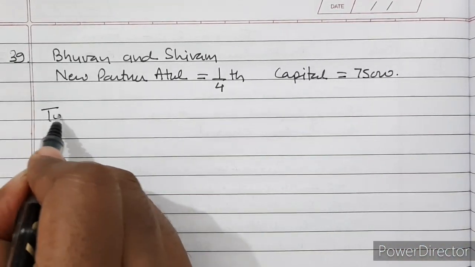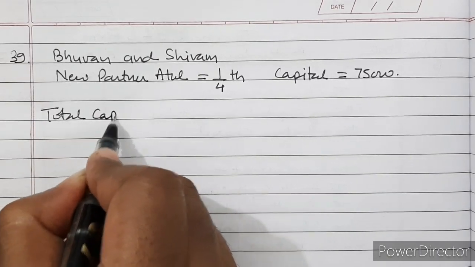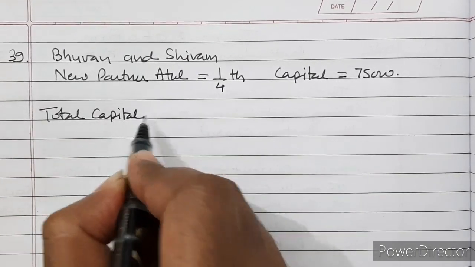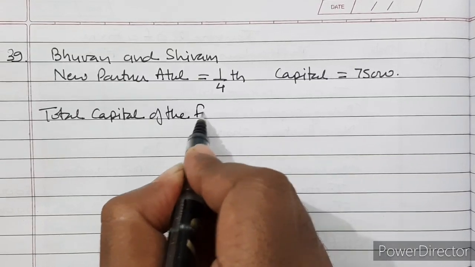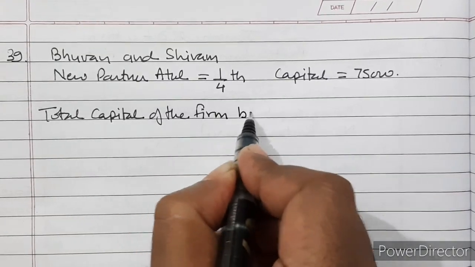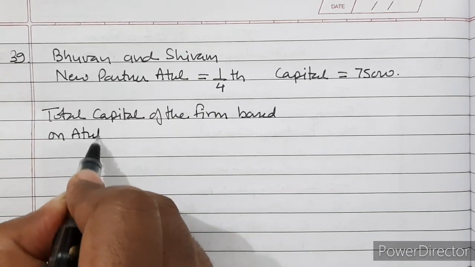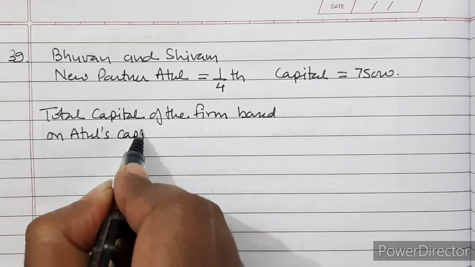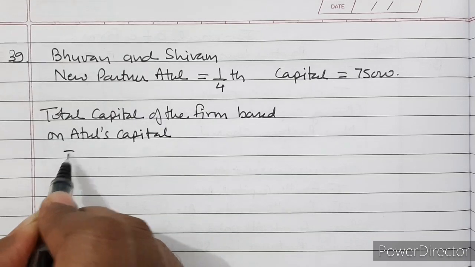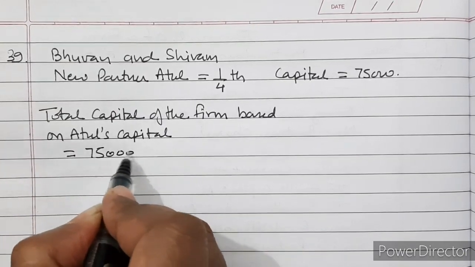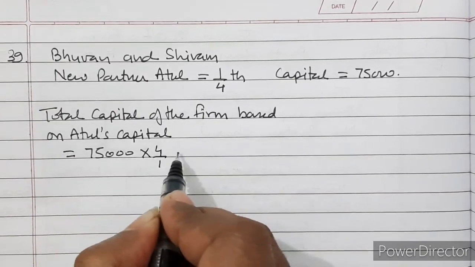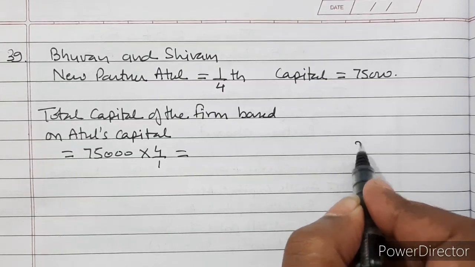So total capital of the firm based on Atul's capital is equal to 75,000 into 4 by 1, which is equal to 3 lakh.